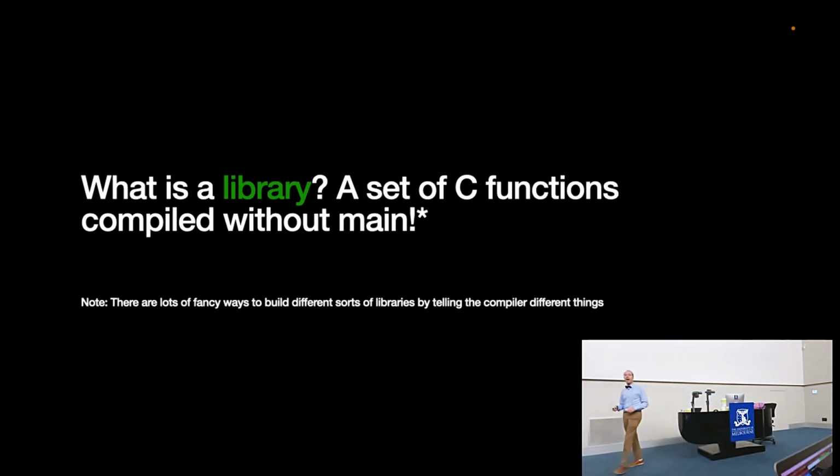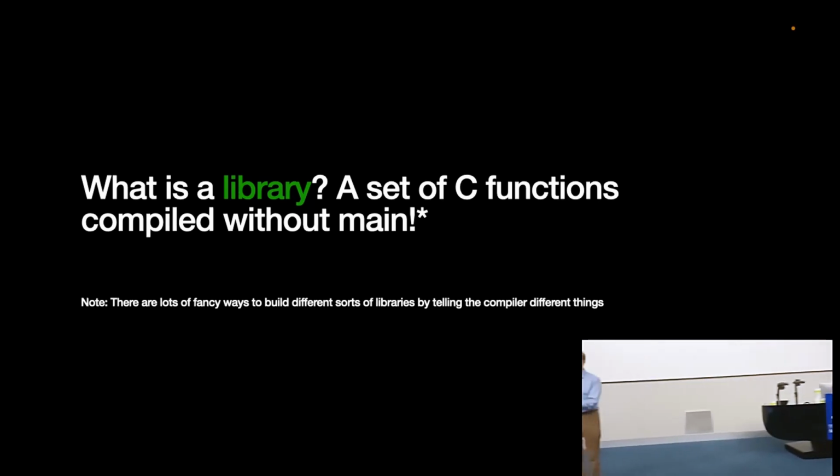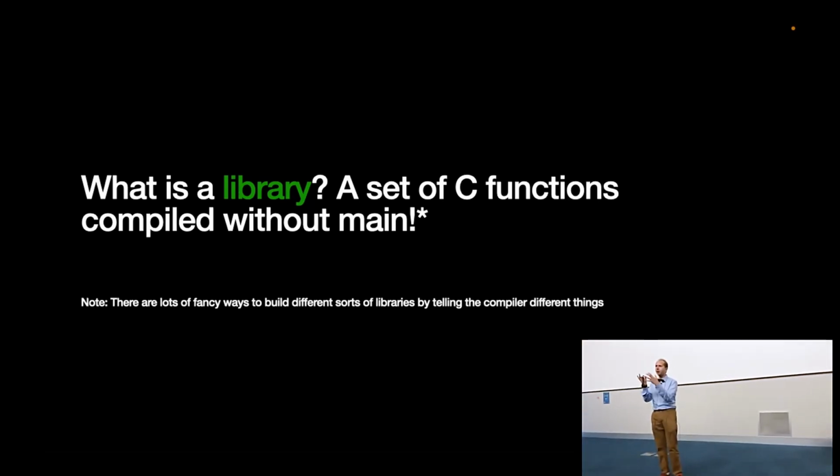We add a flag -l and then type the name of the library that we're trying to add. The first library that all of you are going to encounter is libmath. This includes things like sine and cosine, which aren't obviously super necessary to be part of the language core because there are a whole lot of different methods for calculating sine and cosine.